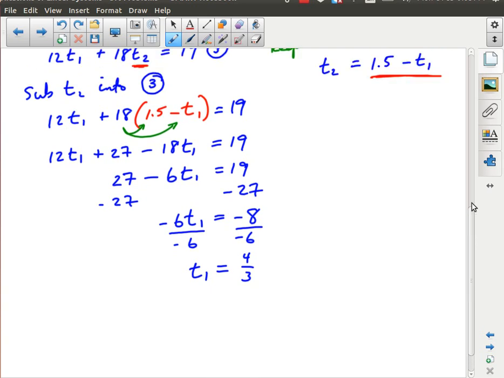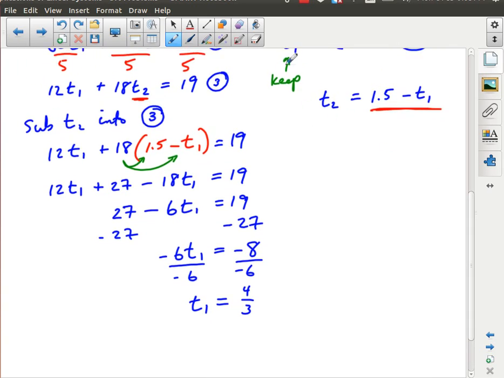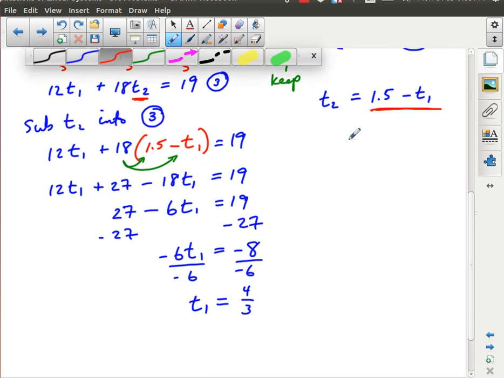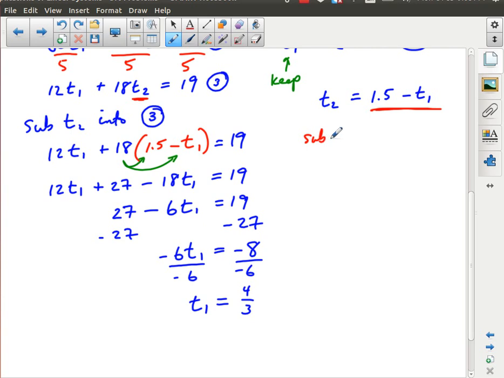So to do that, you would then solve for T2. Let's say I'm just going to change the color here and I'm going to sub T1 equals 4/3. So now I'm going up to here. And I end up with T2 equals 1.5, which is the same as 3 over 2, minus 4/3, which is equal to 3 over 2 minus 4 over 3.